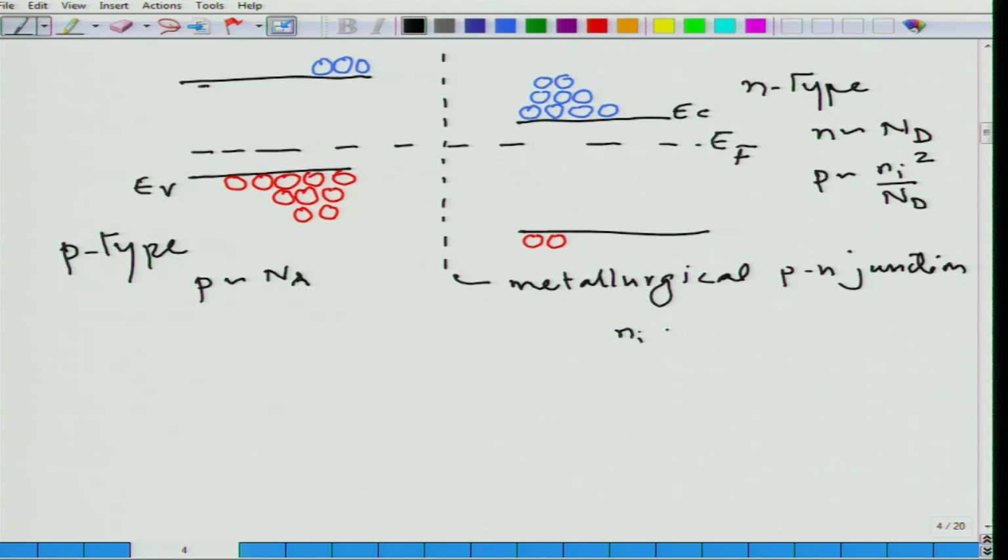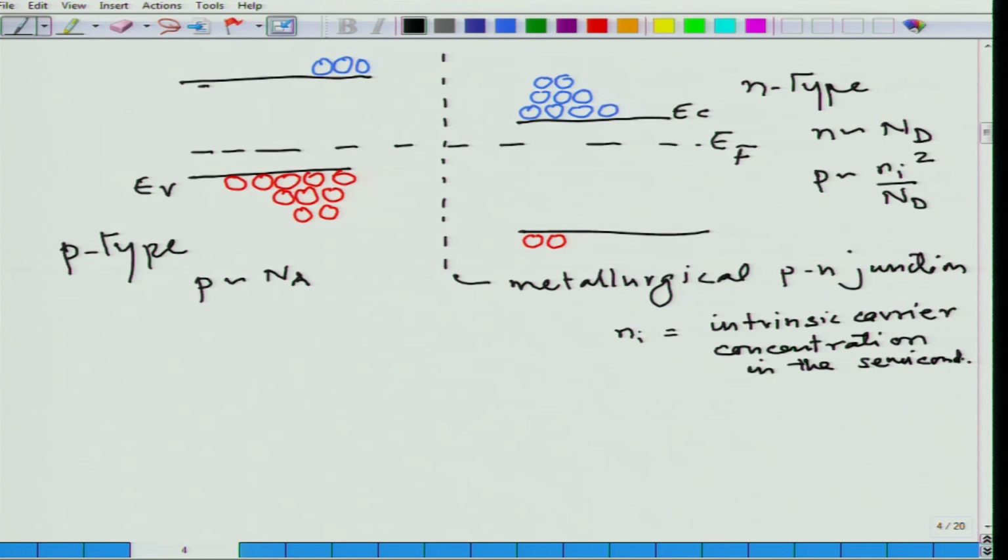Ni, if you recall, is the intrinsic carrier concentration in the given semiconductor. Similarly, one can write the electron concentration in the p type, and that is given by this.